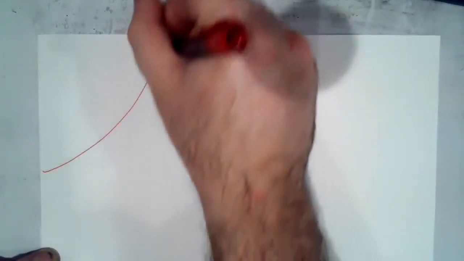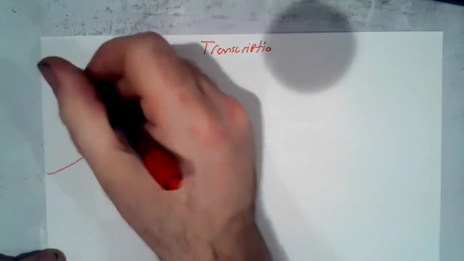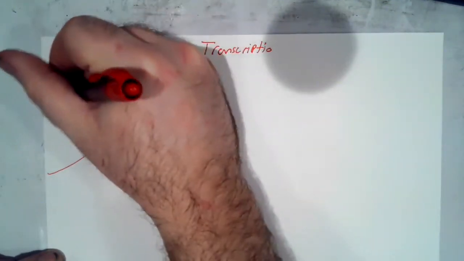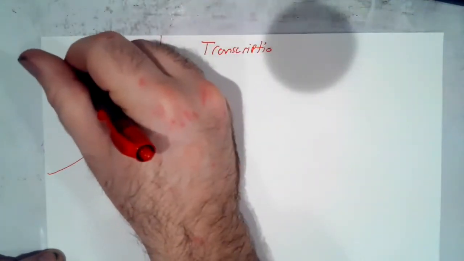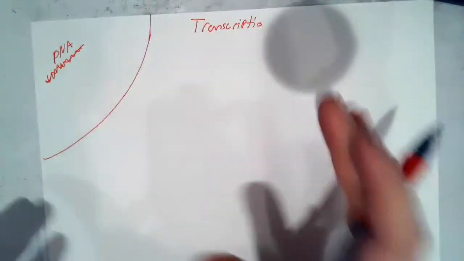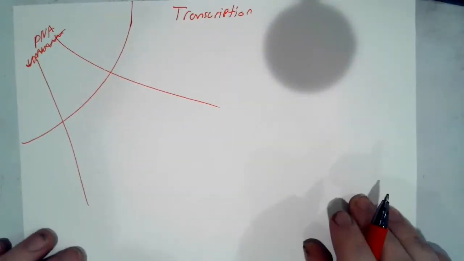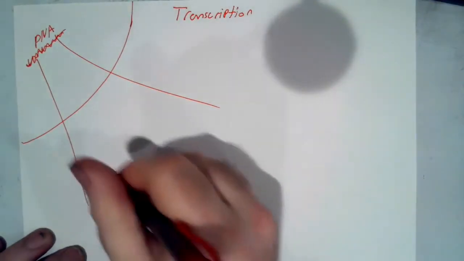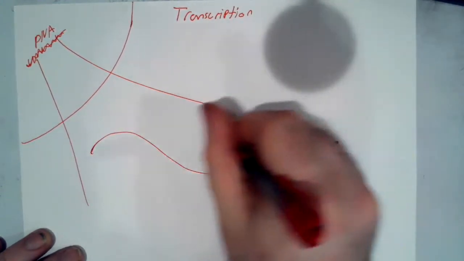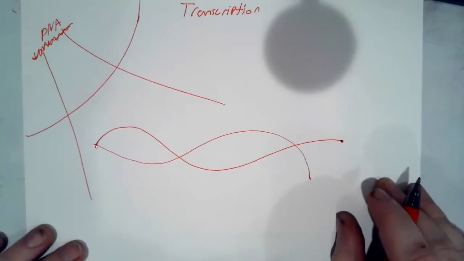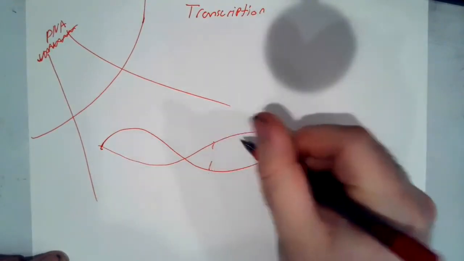So I'm going to draw a nucleus on the corner of my paper here, and I'm going to draw just a little squiggly line to indicate that that's DNA, right? Transcription always happens in the nucleus. Always happens in the nucleus. If it's happening outside the nucleus, it's translation. So let's zoom in on this to see exactly what's going on here. We have, again, a large DNA molecule, and we have all of our bases.